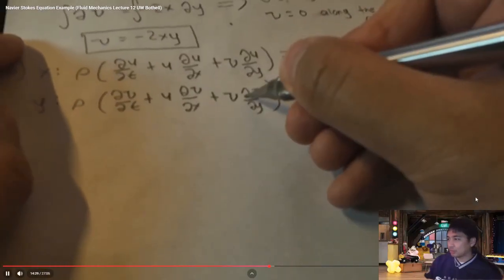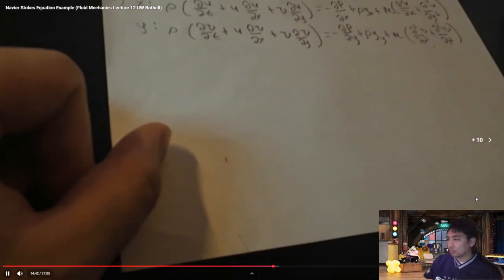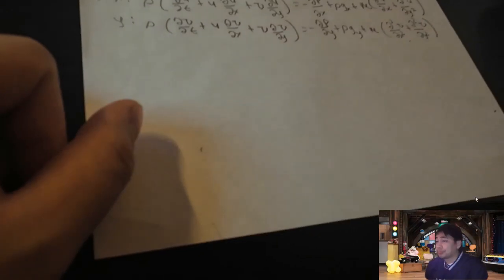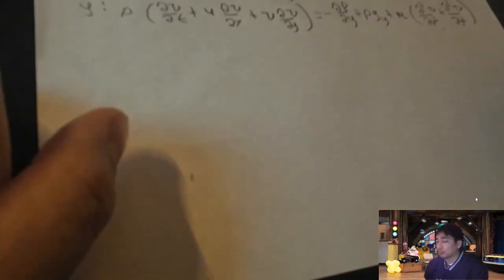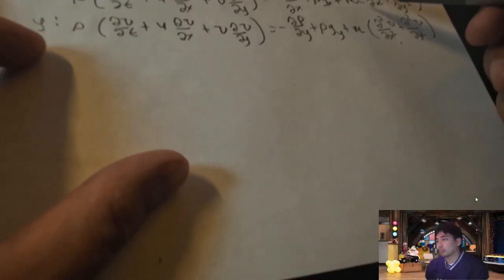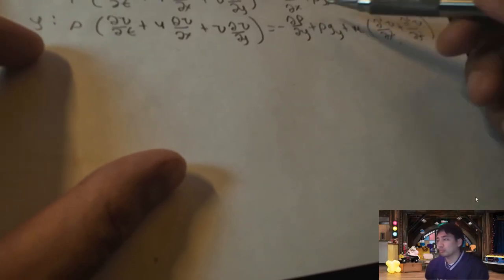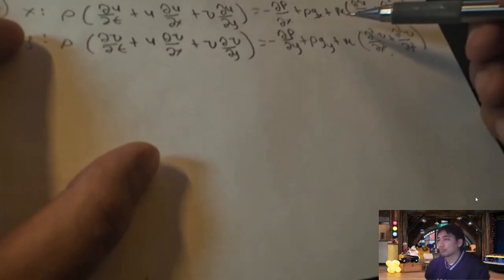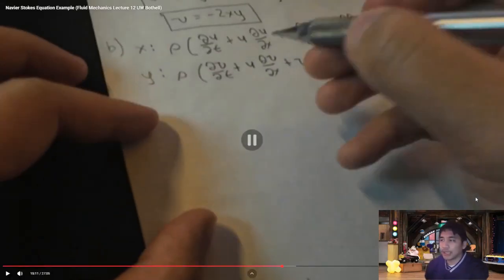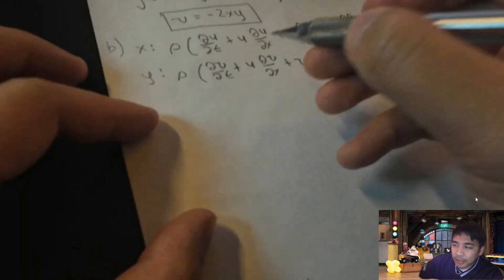So, and like I suggested, that derivative with respect to t goes to 0.